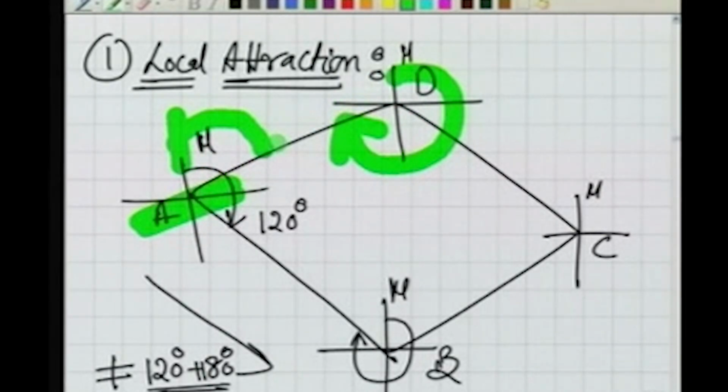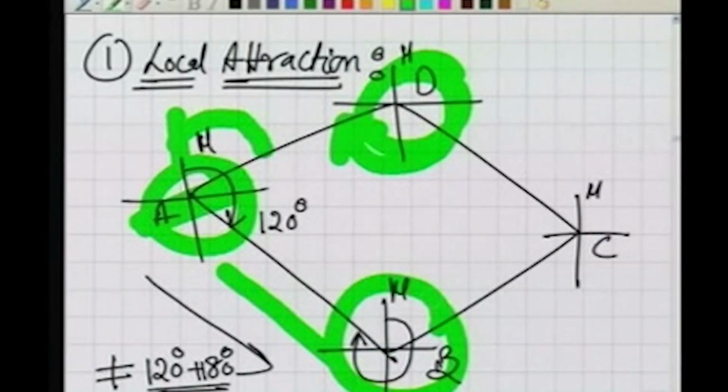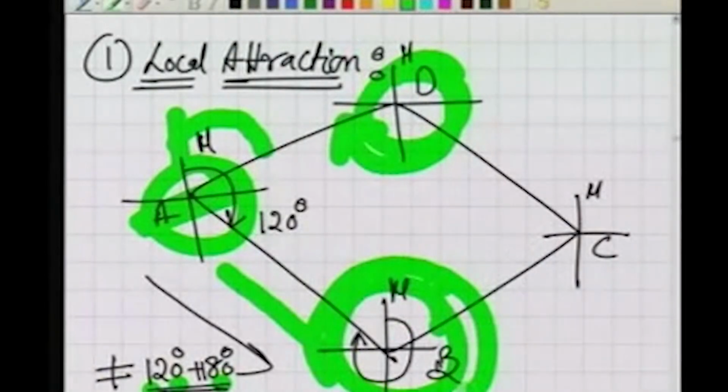So we knew that A and D are free of local attraction. So whatever is the local attraction in line AB is because of station B, and so we can locate now if this difference of fore bearing and back bearing of AB is not equal to this particular value 120 plus 180. So whatever is the discrepancy, that is the error at this point, at point B.